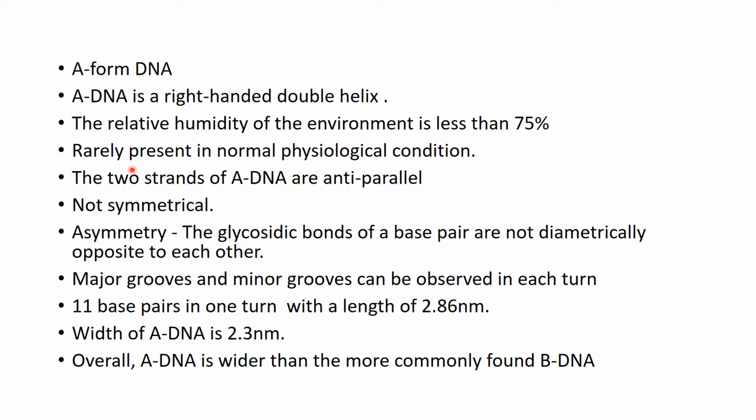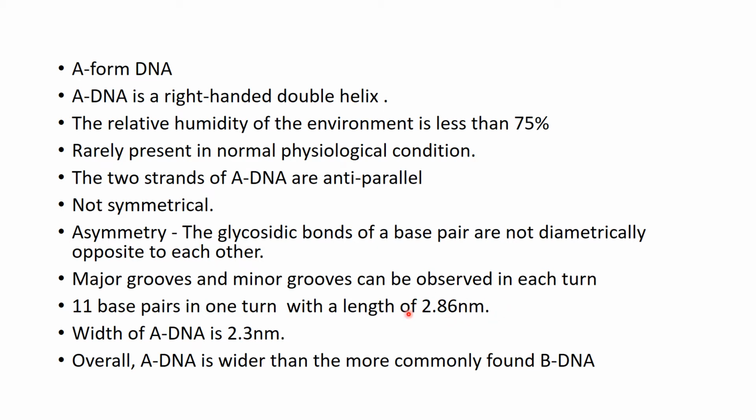The only differences are in the major groove and the minor groove, which is observed in each turn. Every turn has a major and a minor groove, and there are 11 base pairs. Here you can see the difference: the length of the turn has changed, and it is 11 base pairs in one turn, and therefore the length required for one turn to be completed is 2.86 nanometers.